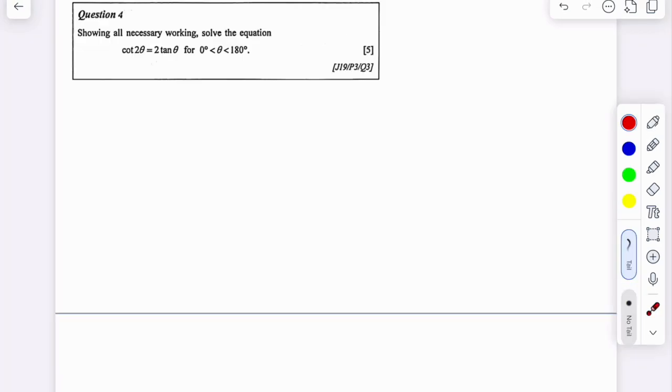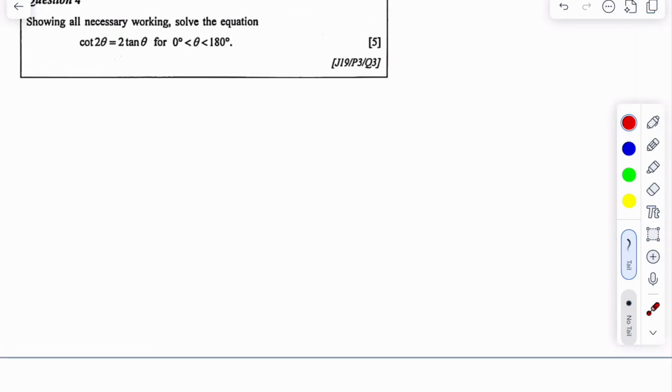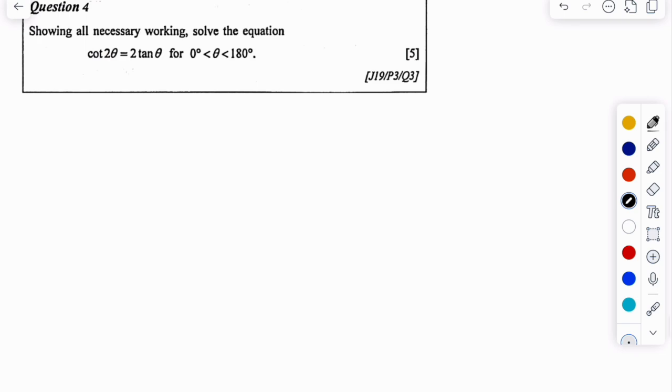Alright guys, now here we've got cot 2 theta is equal to 2 tan theta, and that's between 0 and 180 degrees, right? So what I'm going to do here is say, well, 1 over tan 2 theta is equal to 2 tan theta, right?